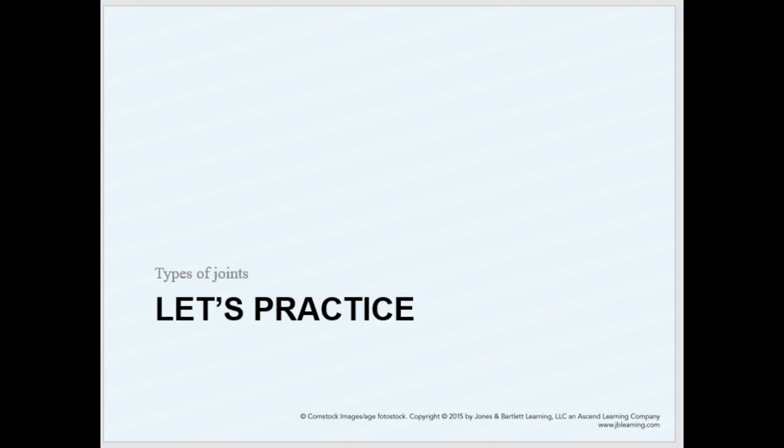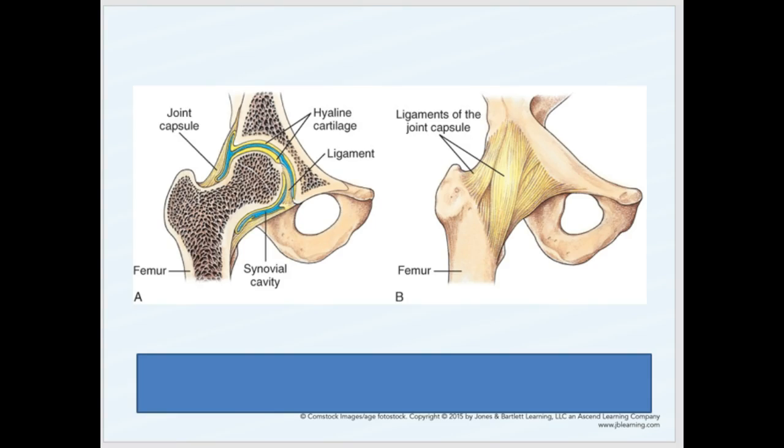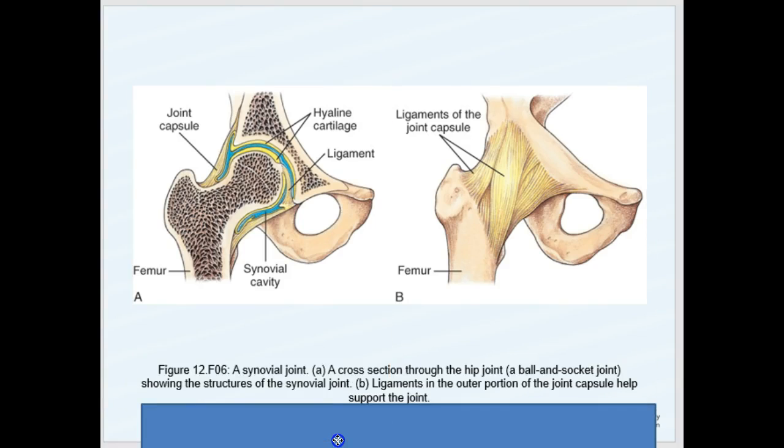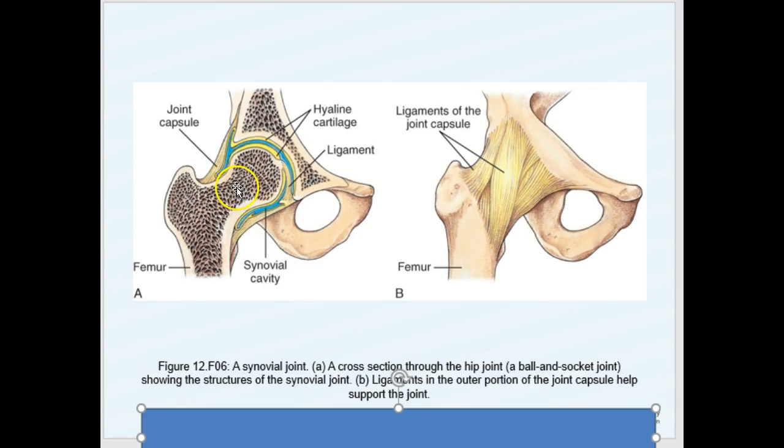Okay. Types of joints. Out of the joints that we just spoke about, this one is obviously a synovial joint. This is your hip, that ball and socket joint. I want to point out all the structures that we've spoken about. You have that joint capsule, which will be on both sides and all the way around the joint.